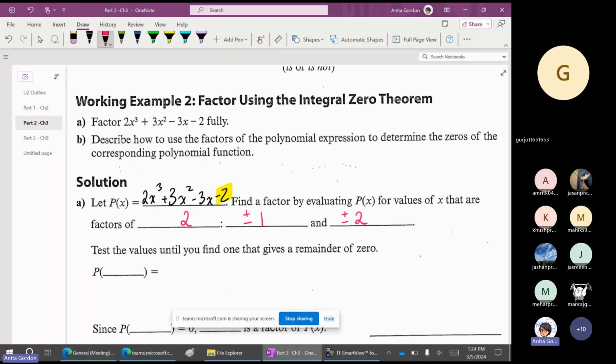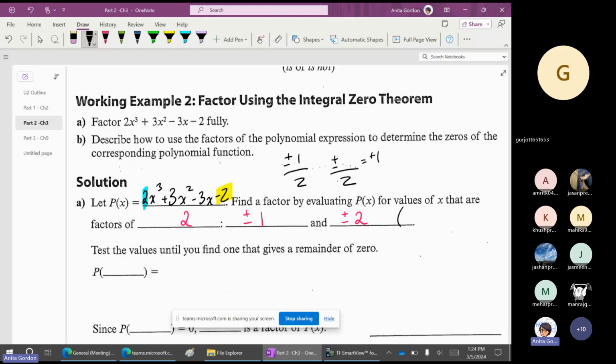However, in this case, I have a leading coefficient. My leading coefficient is a 2. What this tells me is that you take all of your factors and divide them by the leading coefficient, and you're going to get another set of possible factors. So if I have plus minus 1, plus minus 2, and I divide them both by 2, this gives me plus minus 1. I already have that, so I don't need it.